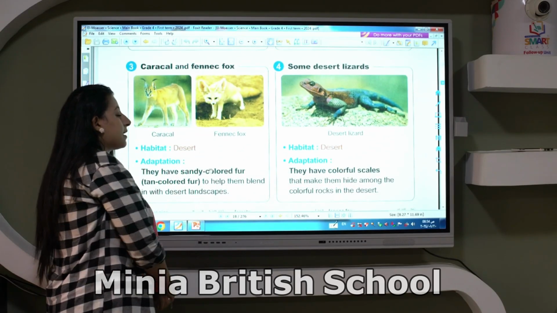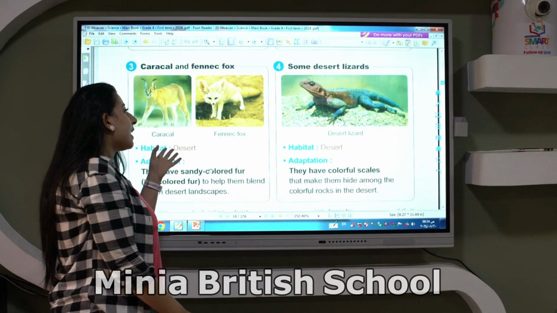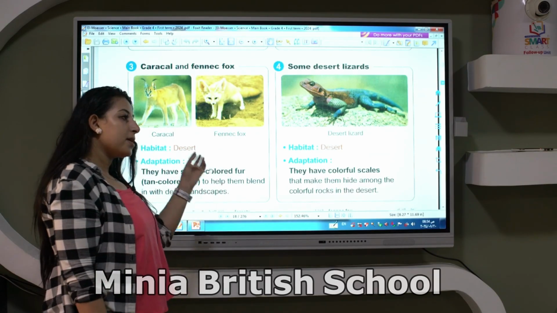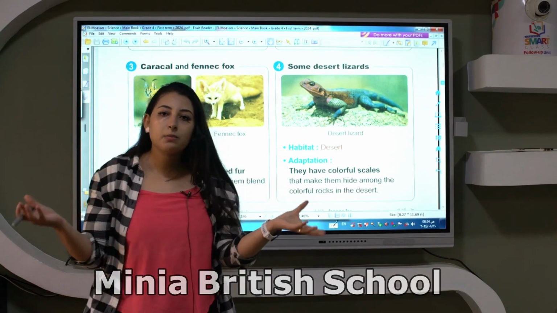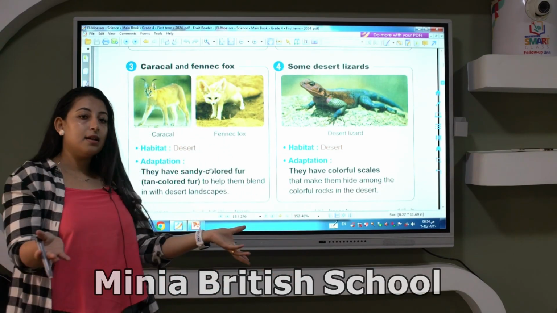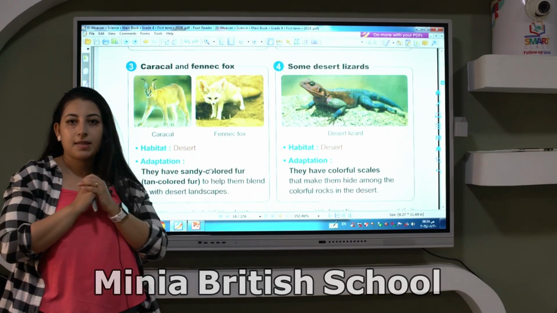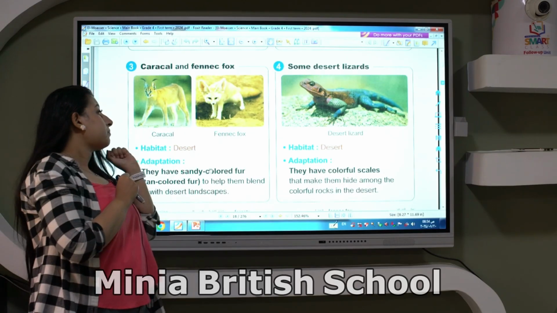What about the fennec fox? It lives in the desert. It also takes the color of the desert to make something called camouflage, to stay hidden among the sand and sandy colored rocks in the desert. Okay.